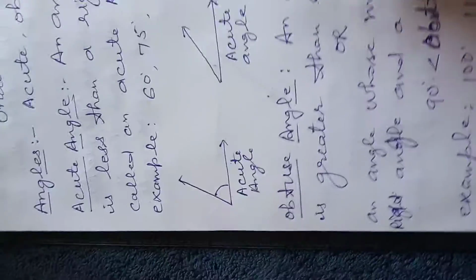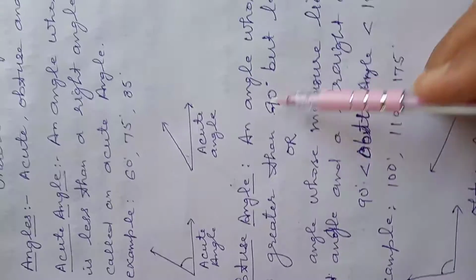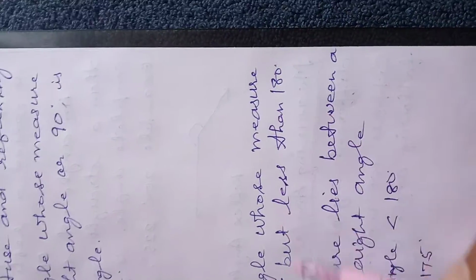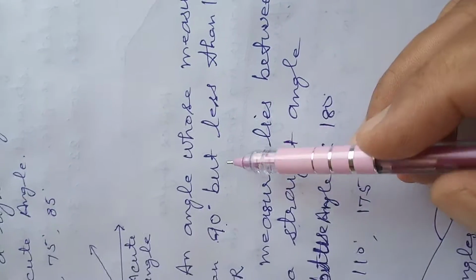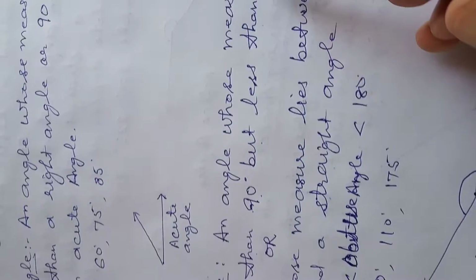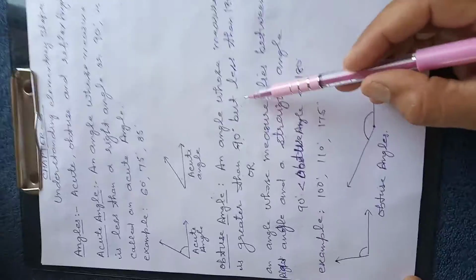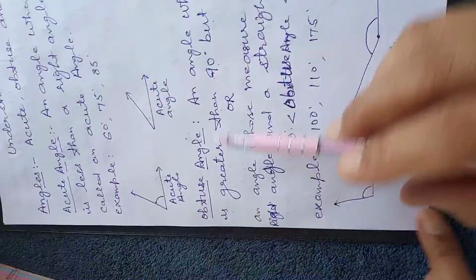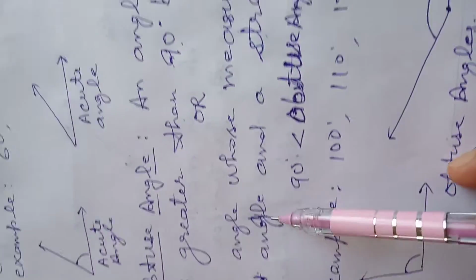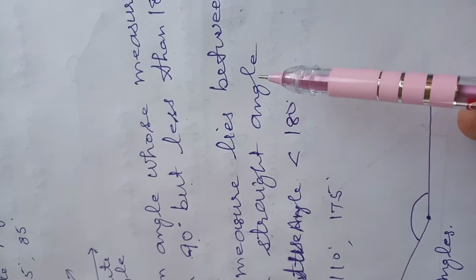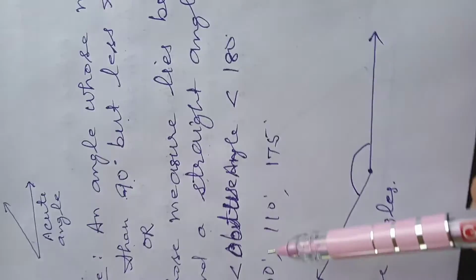Next one is obtuse angle. An angle whose measure is greater than 90 degree but less than 180 degree is called an obtuse angle, or we can say an angle whose measure lies between a right angle and a straight angle is called an obtuse angle.